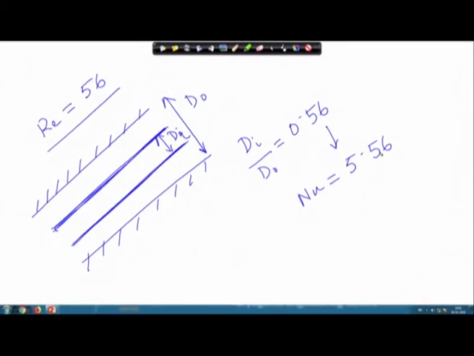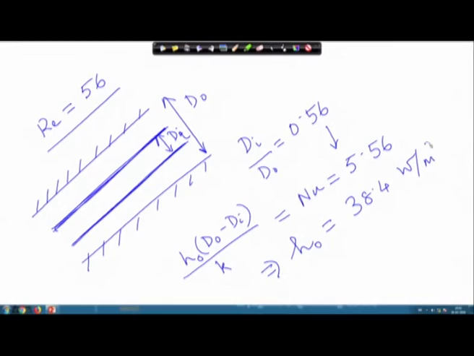This can also be obtained from Incropera and DeWitt's book. Here, this is h (d_0 minus d_i) by the k of the fluid. So, we can find out the heat transfer coefficient of the annular space, and this comes out to be 38.4 watt per meter square K.